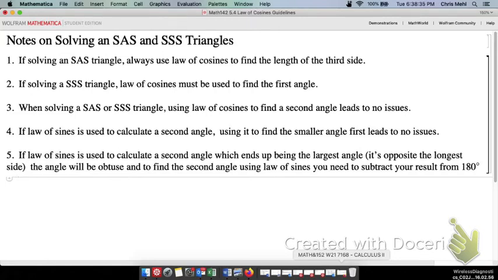When you use law of sines to find an angle, you have to use arcsine. So if you're using law of sines to find an obtuse angle, the range of arcsine is between 0 and 90 degrees, and you're not going to get the correct angle. So I'm going to use law of sines to find a second angle, but I'm going to find the smaller angle first.